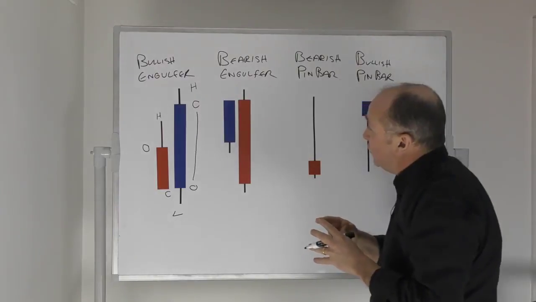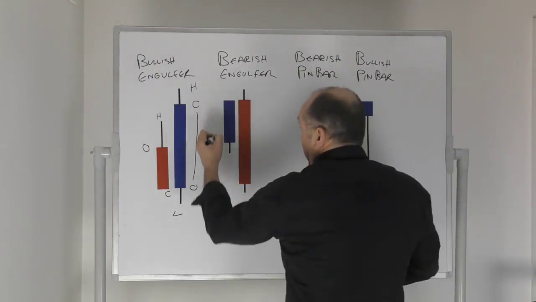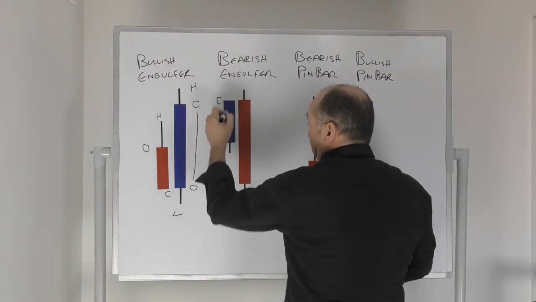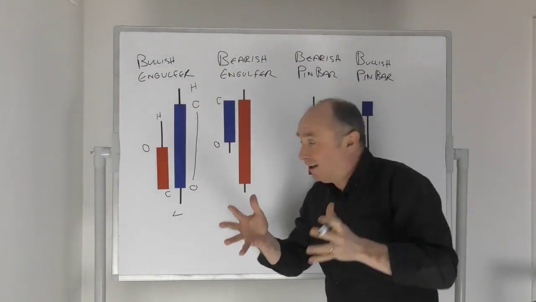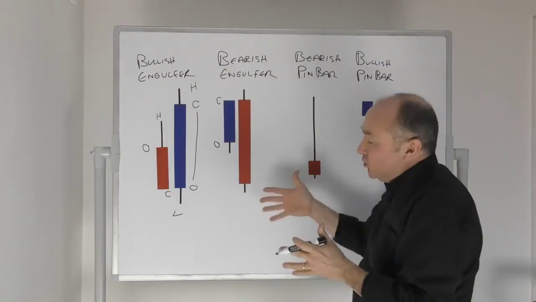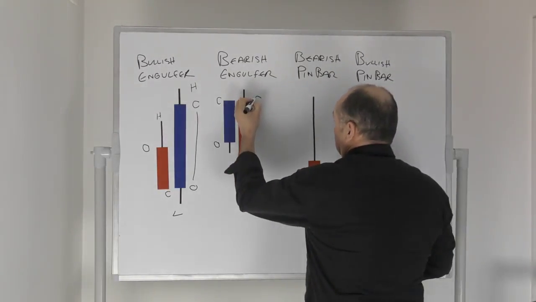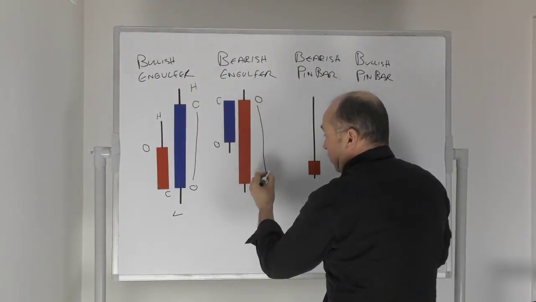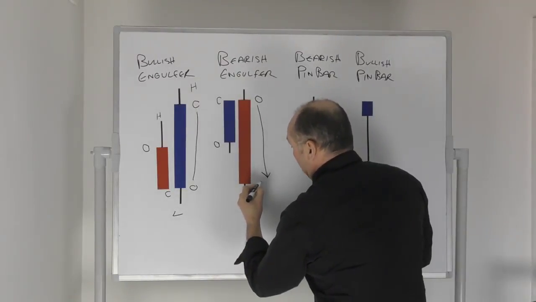Here we've got the bearish engulfer, same thing but in reverse. So the market opens here and we close higher up here. This is a blue bullish candle. So the buyer is in control. Now the next candle, this red candle, shows you that the sellers took control. So we open here and the sellers completely take out all the previous session's buyers, and we close lower.